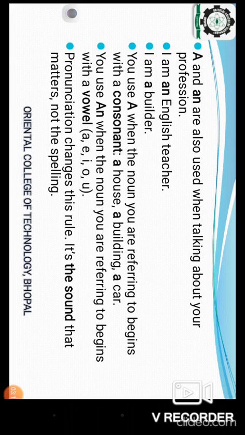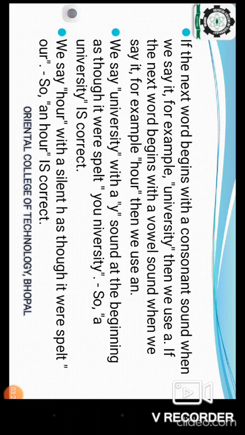Pronunciation changes this rule. It's the sound that matters and not the spelling. If the word begins with a consonant sound when we say it, for example, university, then we use a. If the word begins with a vowel sound when we say it, for example, hour, then we use an.